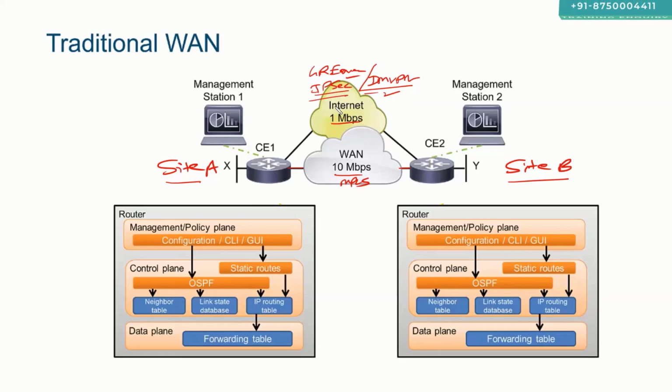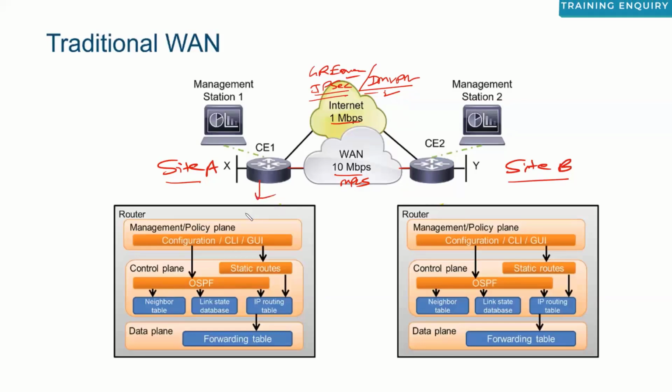DMVPN will be used only if you have multiple sites, more than two sites. Now, if a routing protocol is implemented over the internet transport as well as over the MPLS transport, you would make sure that your primary circuit is always MPLS, in most cases.